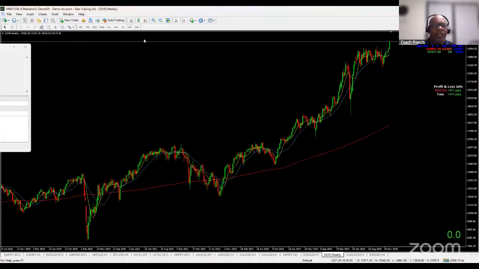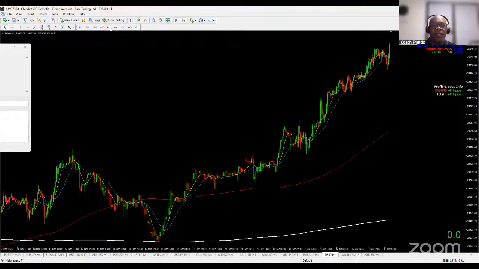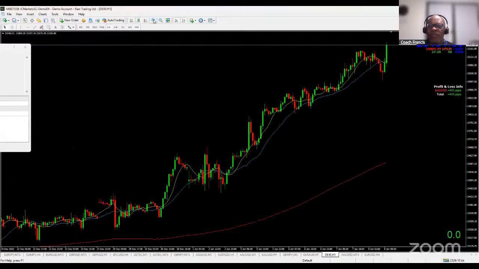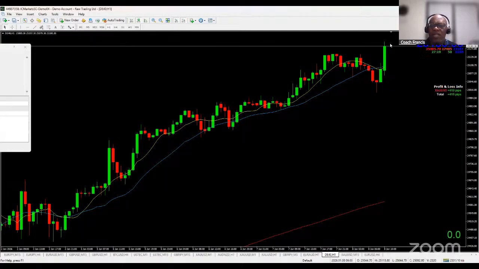Crazy. Well, you can see this is the monthly. So it's definitely an all-time high. We are at all-time highs here. Amazing. So this is a trade we might be able to get into. This is the 1 hour candle.